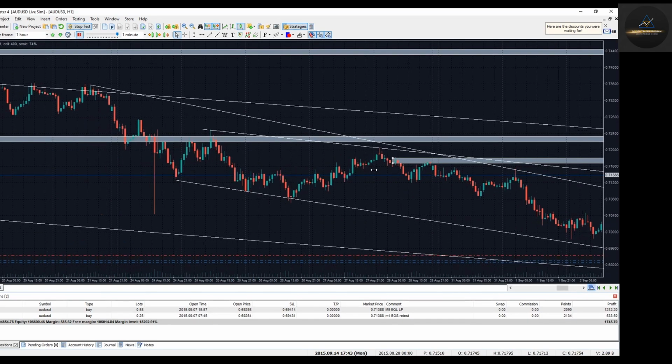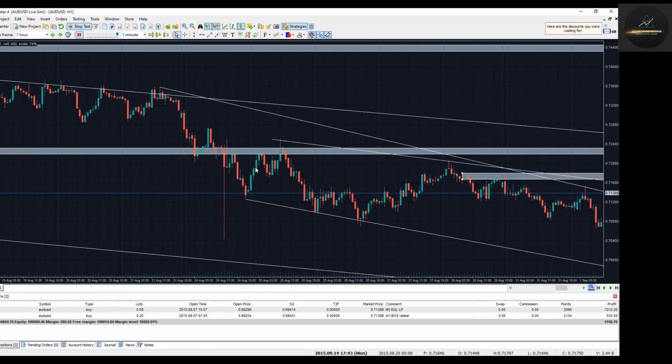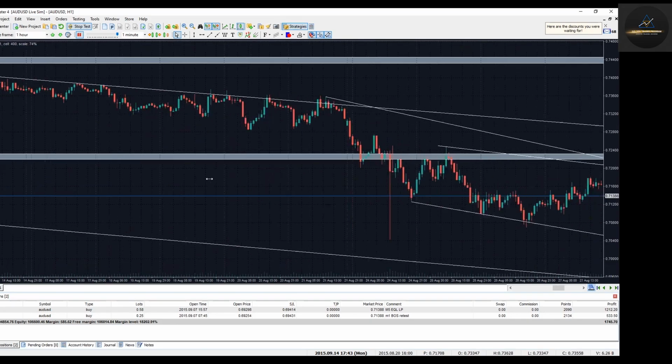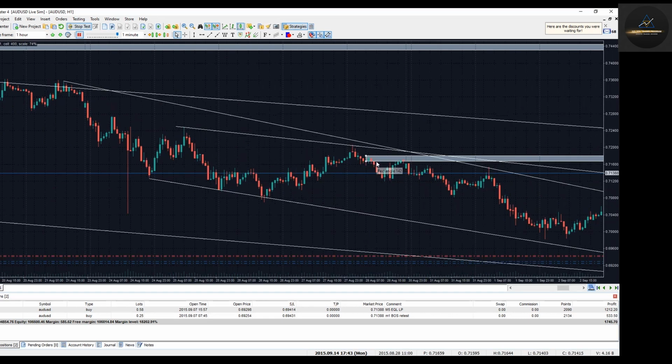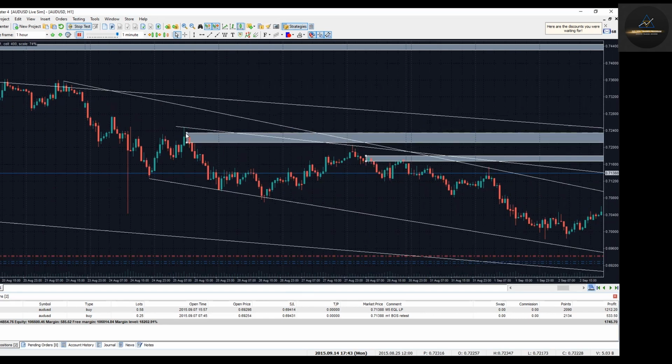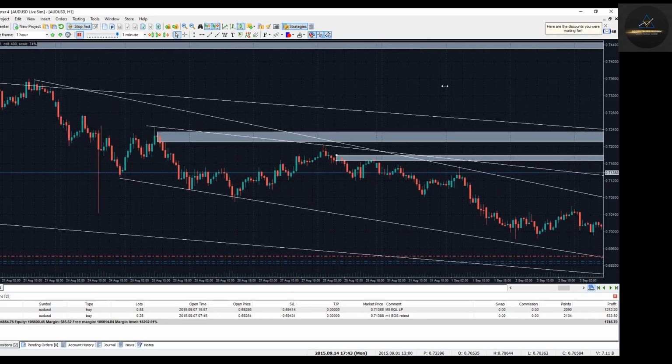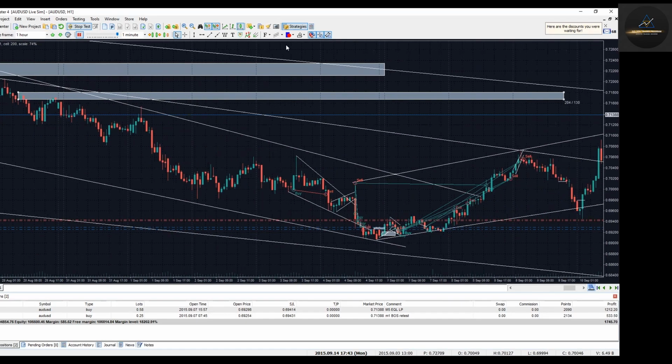So what's the next one? Up, down, this one here. So let's get rid of this massive thing out the way. Duplicate this one. There's an imbalance there.